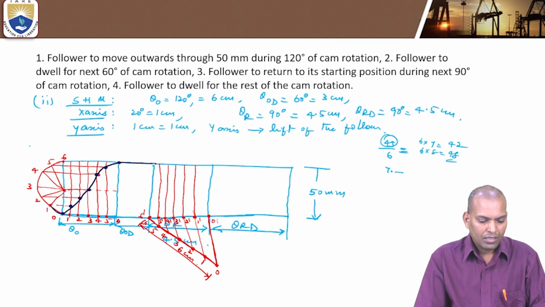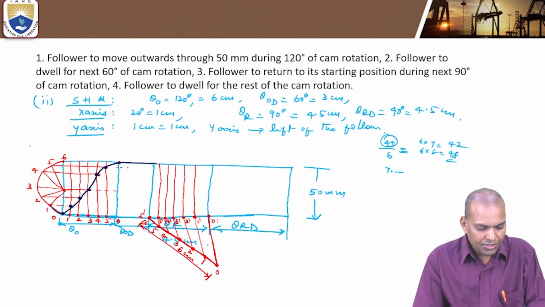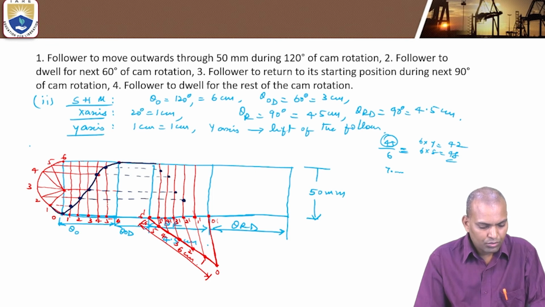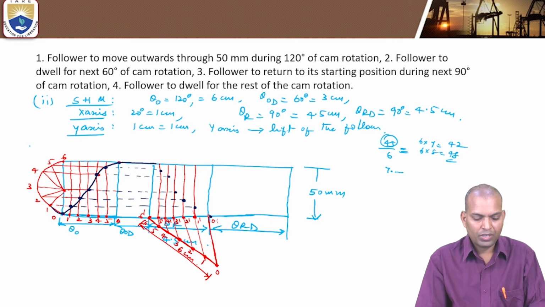Similarly, pass these points on the 5th line. This is similarly the 4 dash vertical line, and 3 dash, 2 dash, 1 dash, and 0 dash.